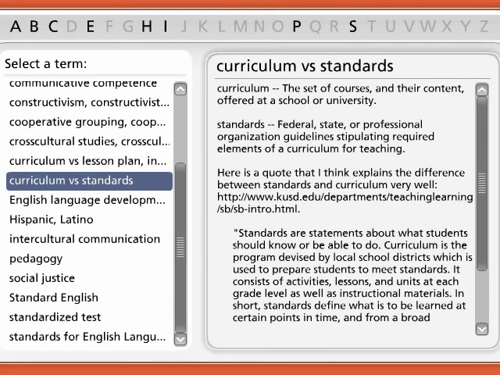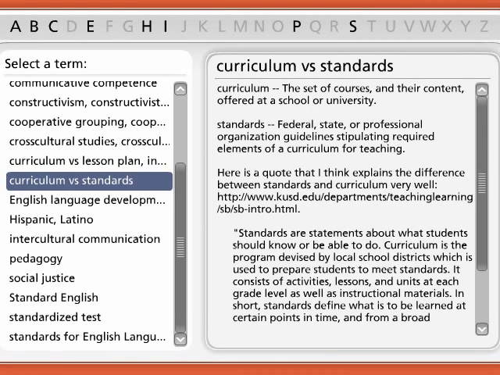Standards are statements about what students should know or be able to do. Curriculum is the program devised by local school districts, which is used to prepare students to meet standards. It consists of activities, lessons, and units at each grade level, as well as instructional materials.